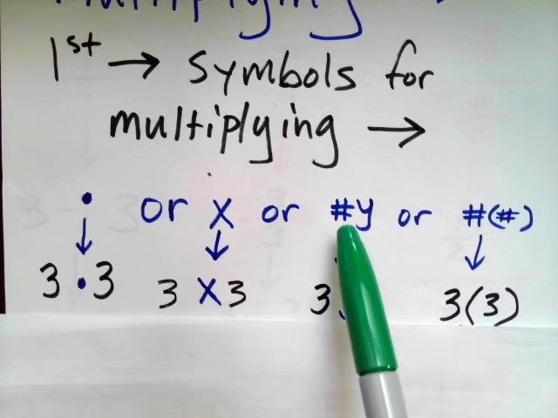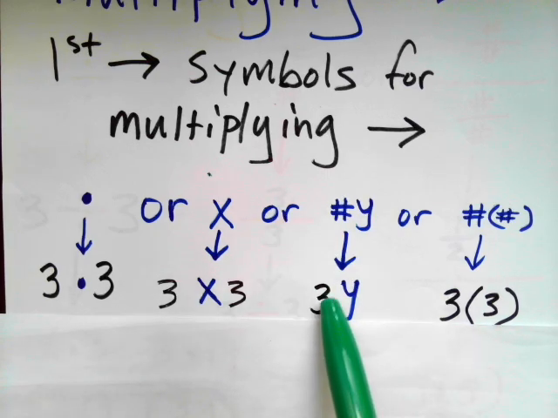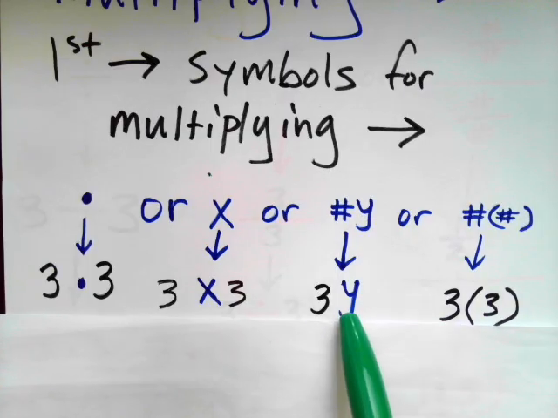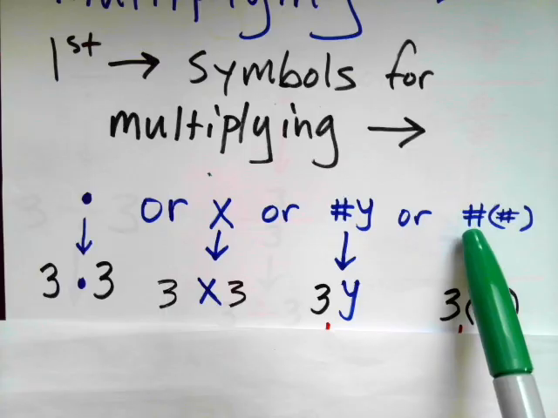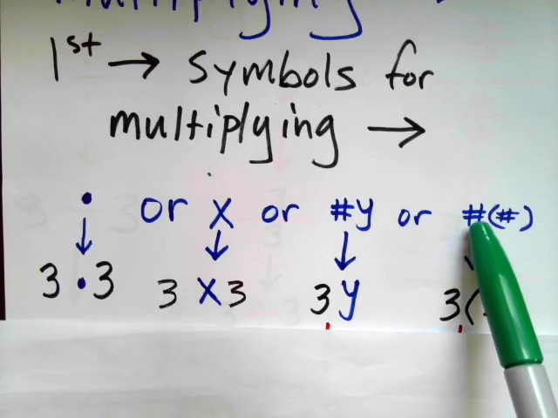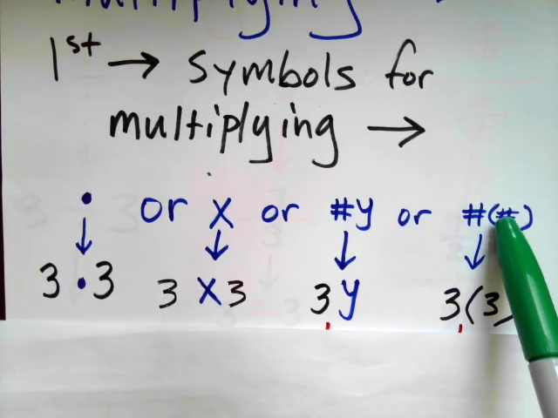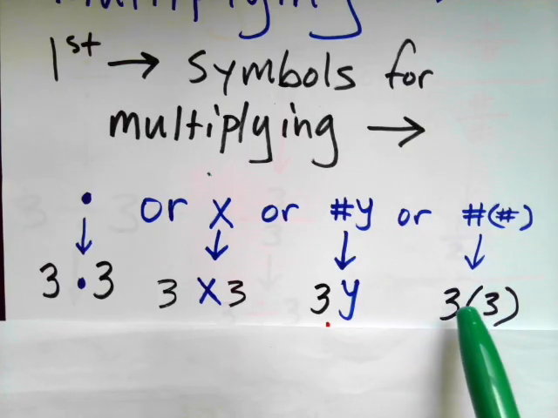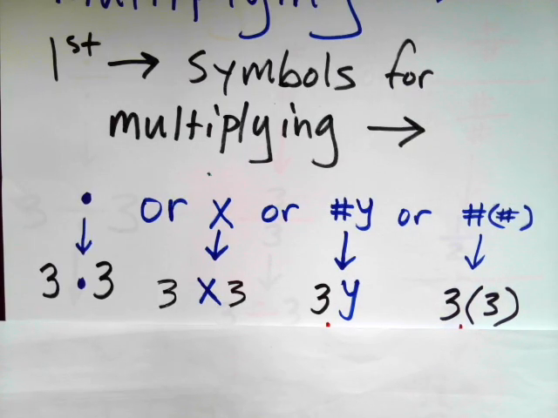That means multiplication. Anytime you have a number 3 attached to the y, like you see here, that means multiplication. And of course, another way you can see it is a number, parentheses, another number inside. That also will be an indicator of multiplication.